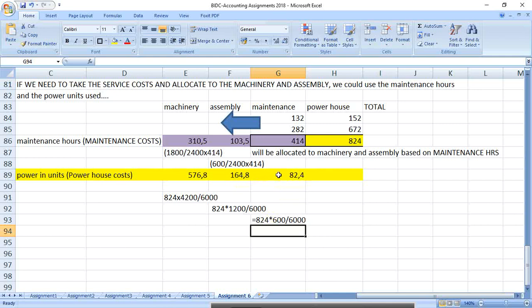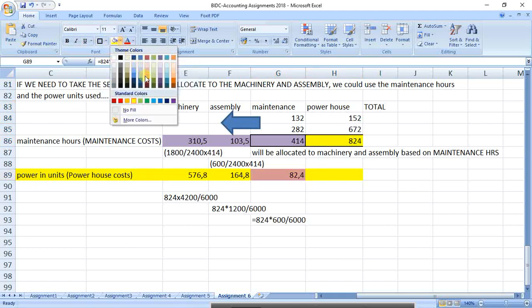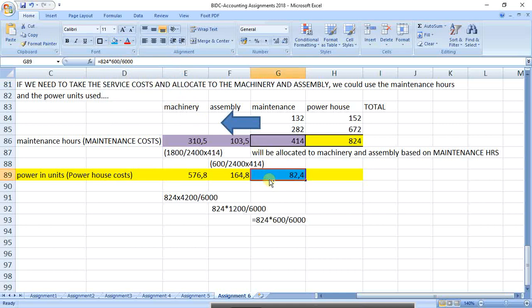Okay, maybe we should have done the powerhouse first, because the powerhouse has this amount. The maintenance has that, right? So then we still need to allocate this to those two departments. That's one more allocation. Okay, this is maintenance.